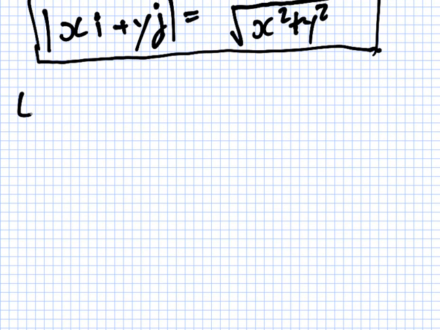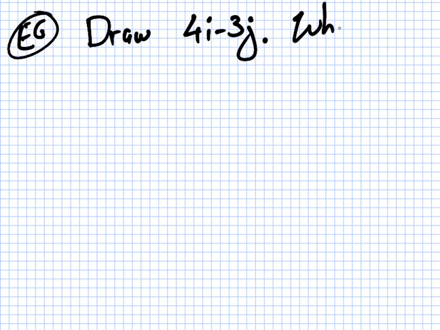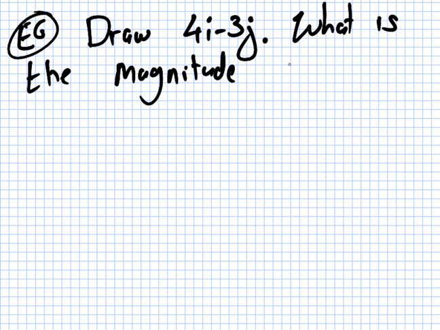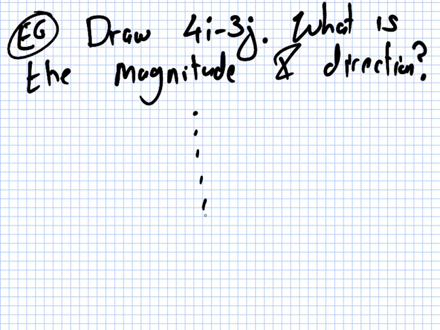Okay, so for example, draw, let's say 4i minus 3j. What is the magnitude and direction? Okay, so let's draw it first. So there's i, there's j.